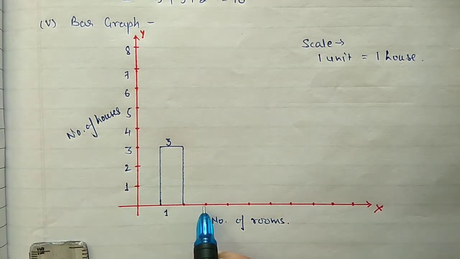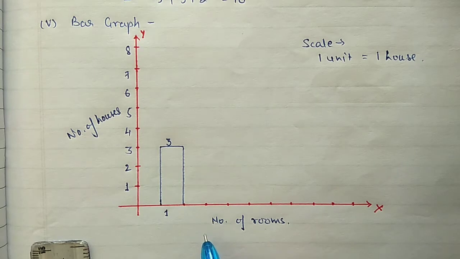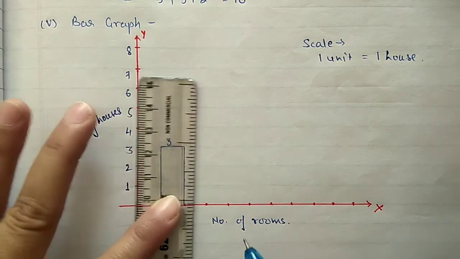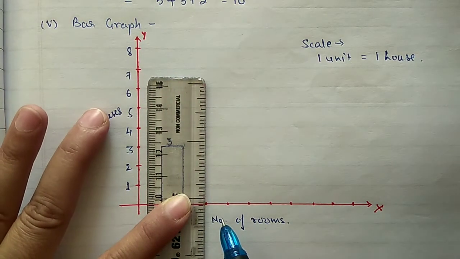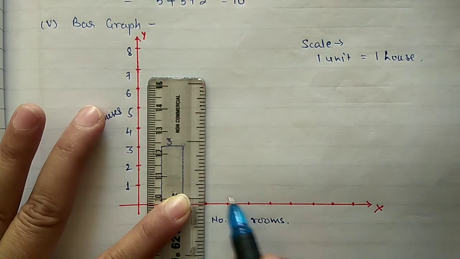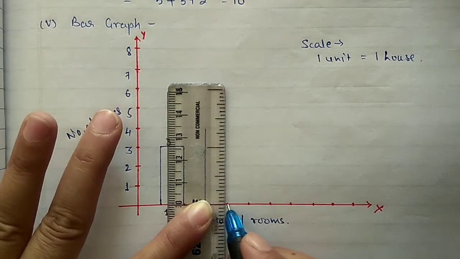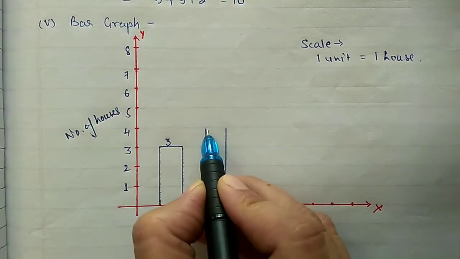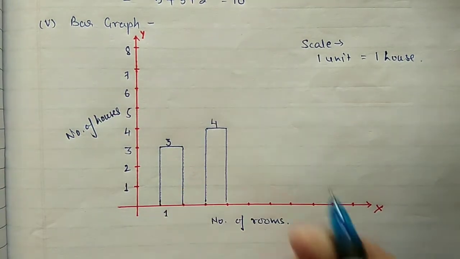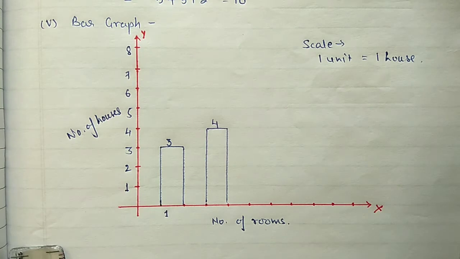Next, leave 1 gap, and after that 2 rooms. 2 rooms are having 4 houses. So we'll go now till 4. Then next 3 rooms are having 8 houses.